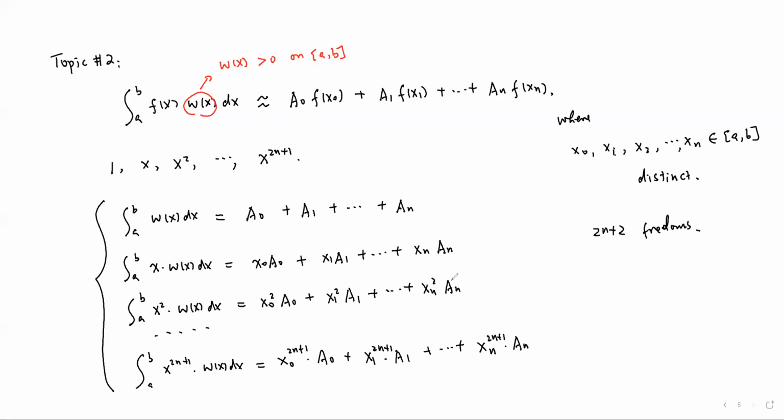But solving this system is not easy because they are non-linear. We need to develop methods to determine the coefficients and the nodes in Gaussian quadrature, not through this way. This is too difficult.